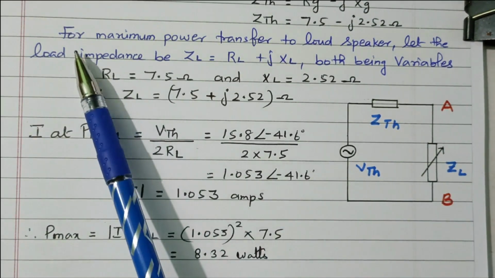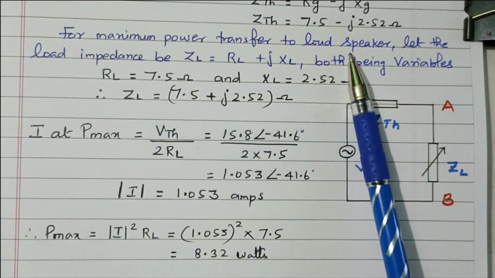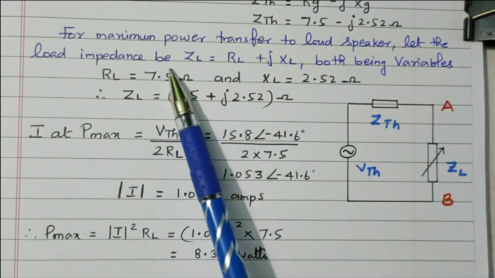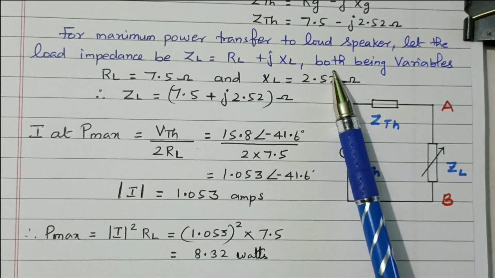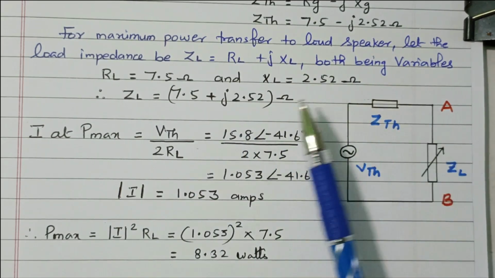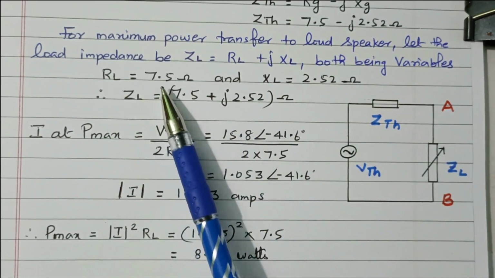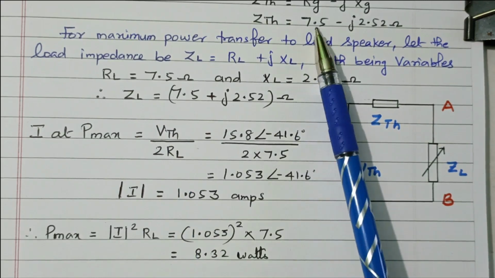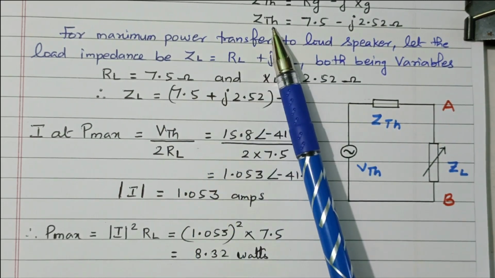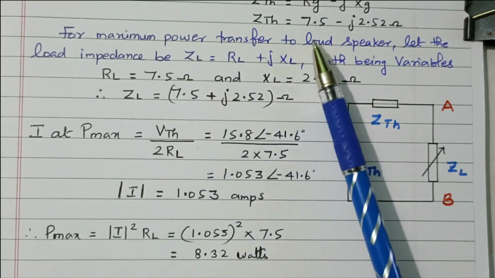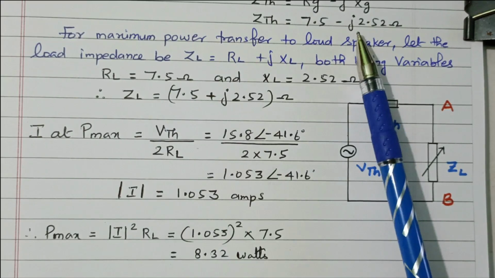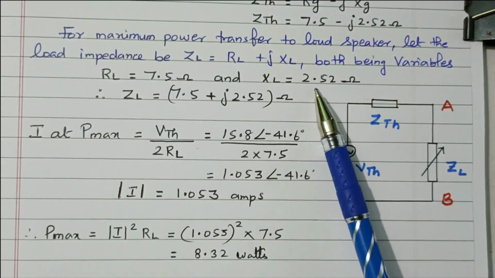What is the given condition? For maximum power transfer to the loudspeaker, let the load impedance ZL equal RL plus JXL, both being variables. The Z Thevenin equals ZL, both are equal but complex conjugated. So 7.5 is written as it is, and minus 2.52 becomes plus 2.52.